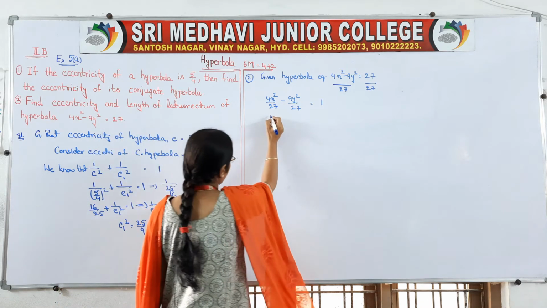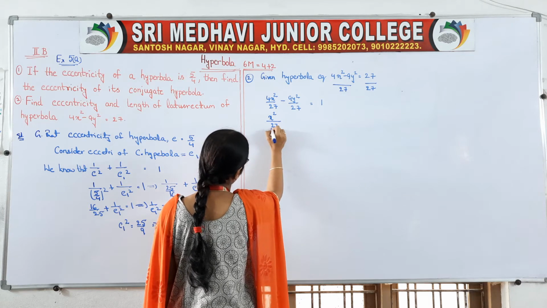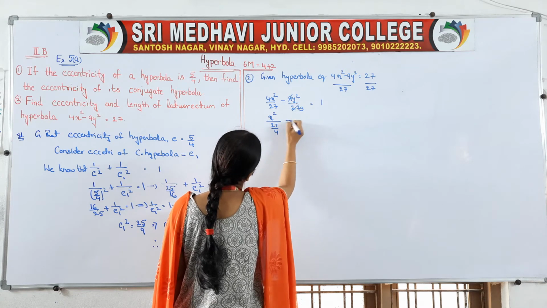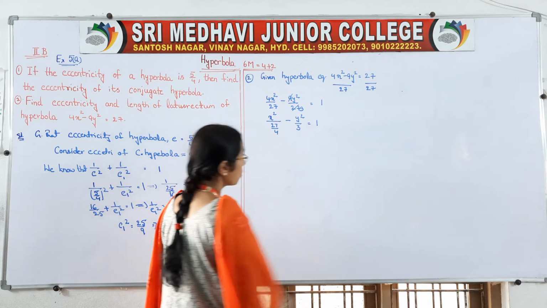So that's why we can write this as x square by 27 by 4, minus y square by 3 is equal to 1.